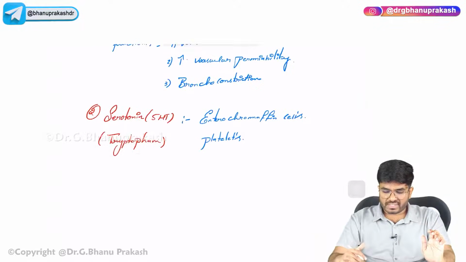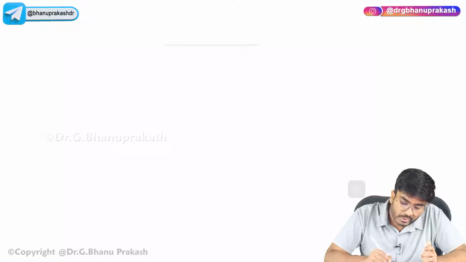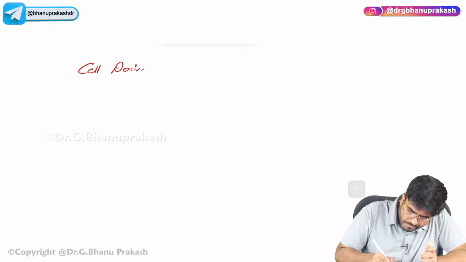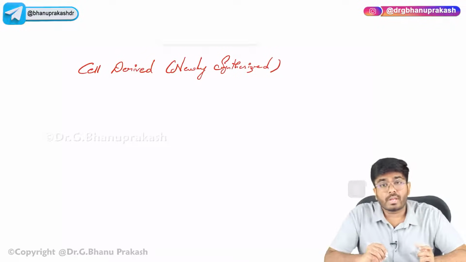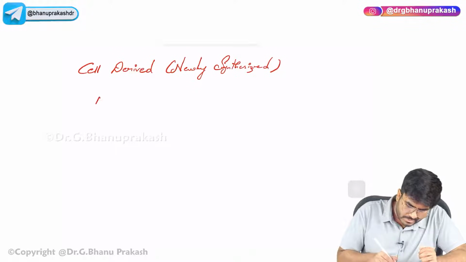Done. Now after this, let's start with the cell derived, newly synthesized mediators. Now they are coming newly. So what is the first one? Nitric oxide.